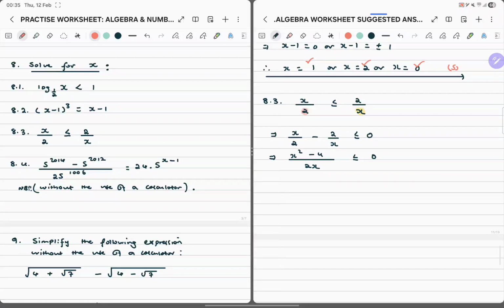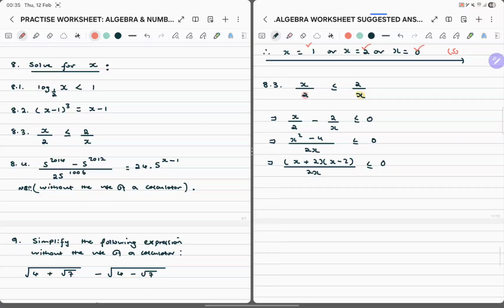And you know most of what is happening here. This is a difference of 2 squares. So this is going to be x plus 2 into x minus 2 all over 2x less than or equal to 0. Now, technically, for these kinds of inequalities, the table method is the best method. So we've got x plus 2, x minus 2, 2x.